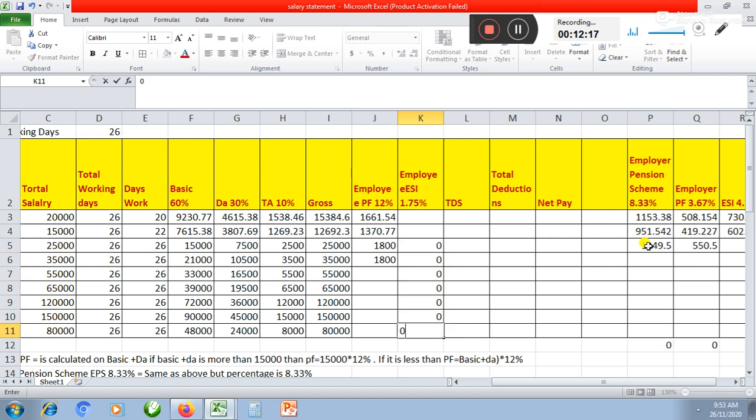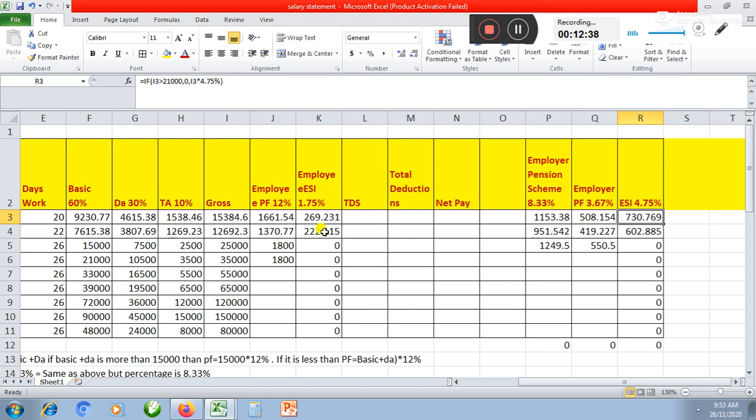All these are not getting ESI. But if the gross is less than 21,000, then gross into 1.75% is equal to this gross into 1.75%. Okay, that's it.